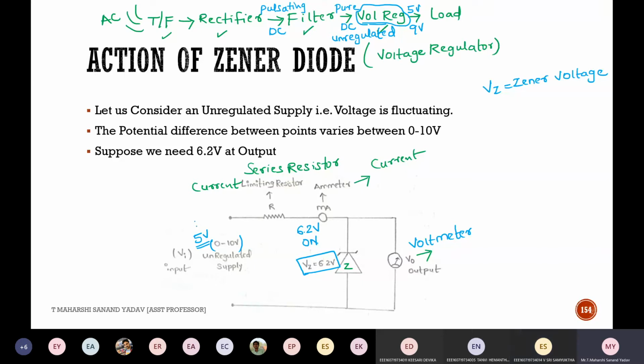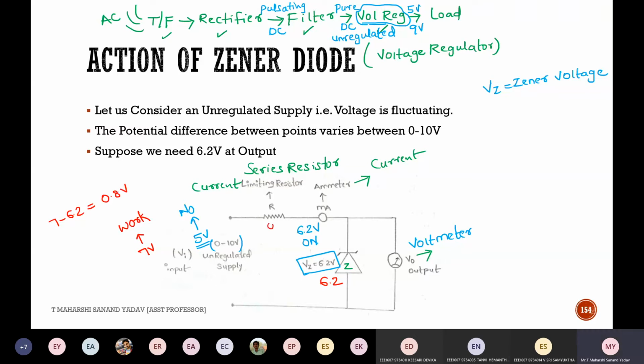No, it won't get switched on. Suppose I am applying 7 volt at the input, what will happen? It will work, right? The minimum voltage needed for the Zener diode is 6.2. So 7 minus 6.2 is how much?